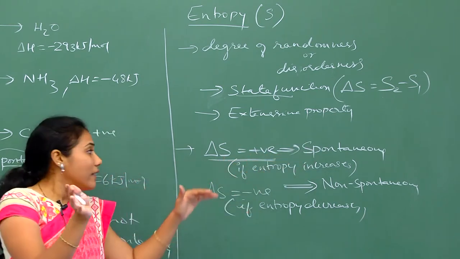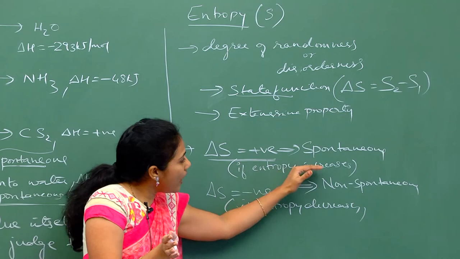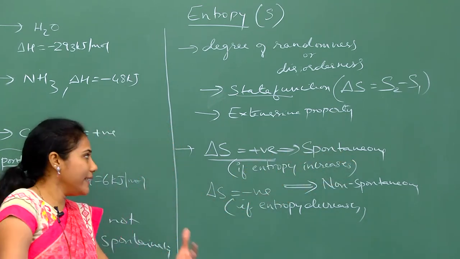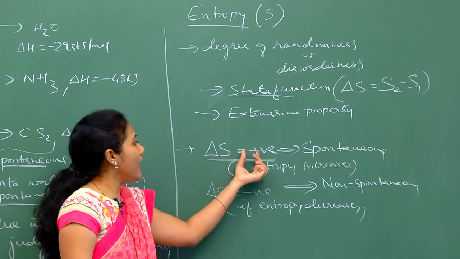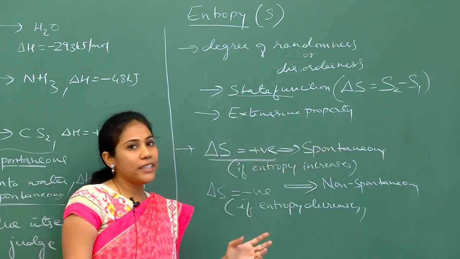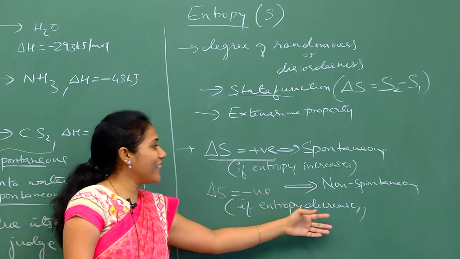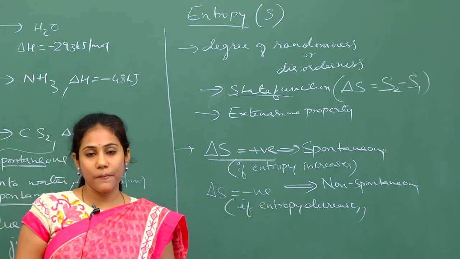That means the disorderness may increase during a process. That is why it is said that if delta S is positive, the reaction can be spontaneous, and if delta S is negative, the reaction is non-spontaneous.